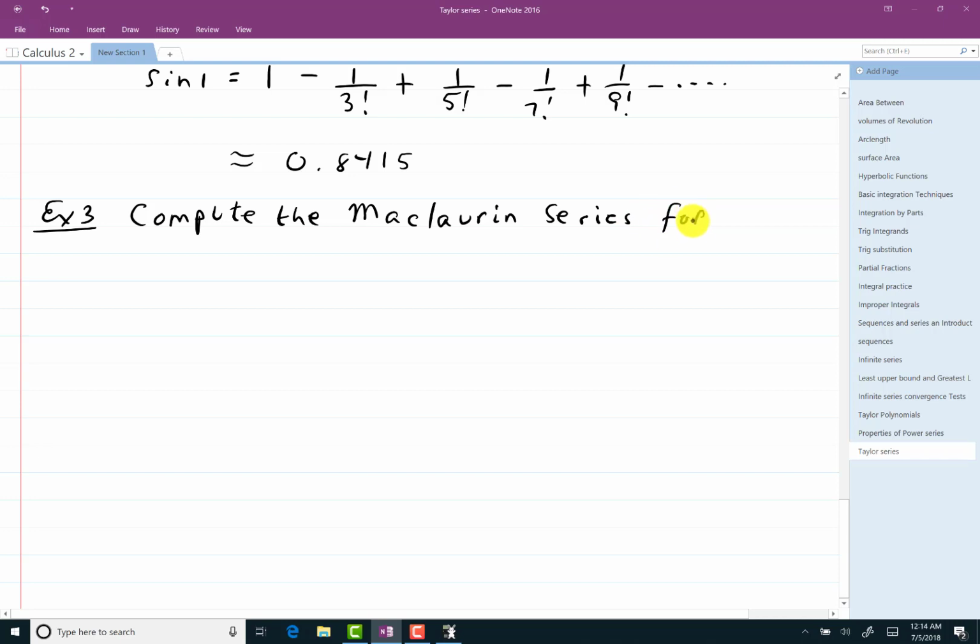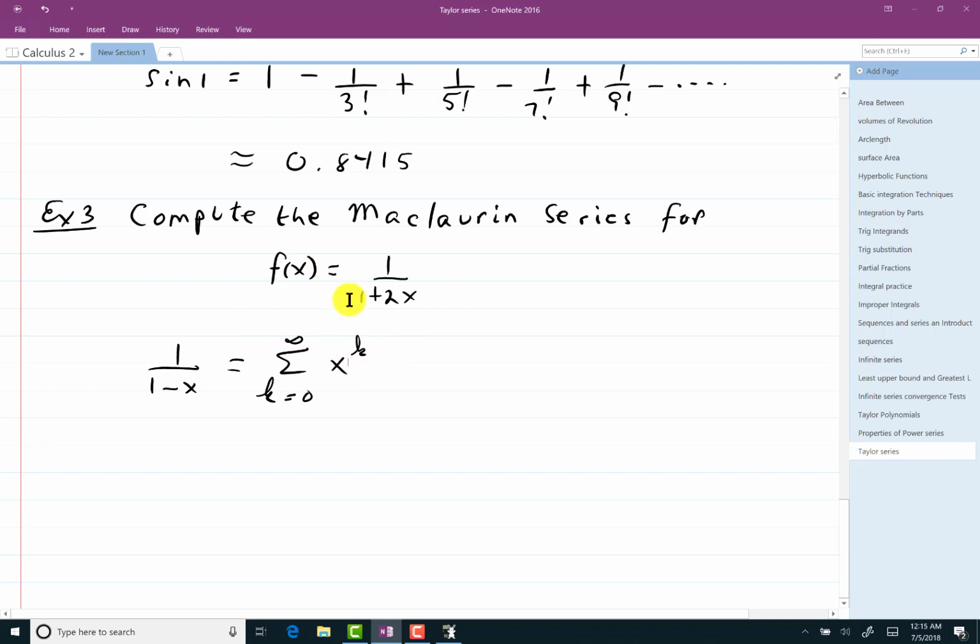Right, for another one, whenever you get a chance, and you see something like f of x equals 1 over 1 plus 2x, don't be afraid to use the series we've already used before. For example, we know that 1 over 1 minus x equals the sum k equals 0 to infinity of x to the k.